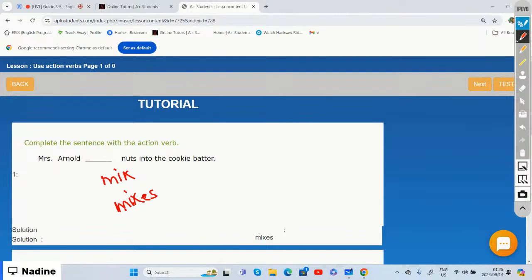And if we were to choose the correct option, we need to choose either between mix or mixes nuts into the cookie batter.